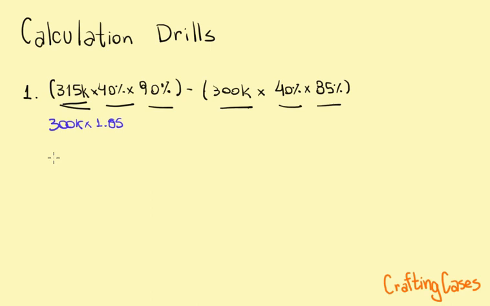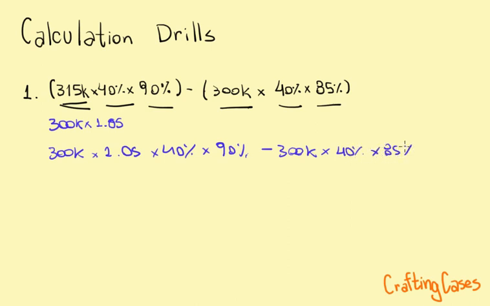I'm going to make it, first of all, 300,000 times 1.05 times 40% times 90% minus 300k times 40% times 85%.